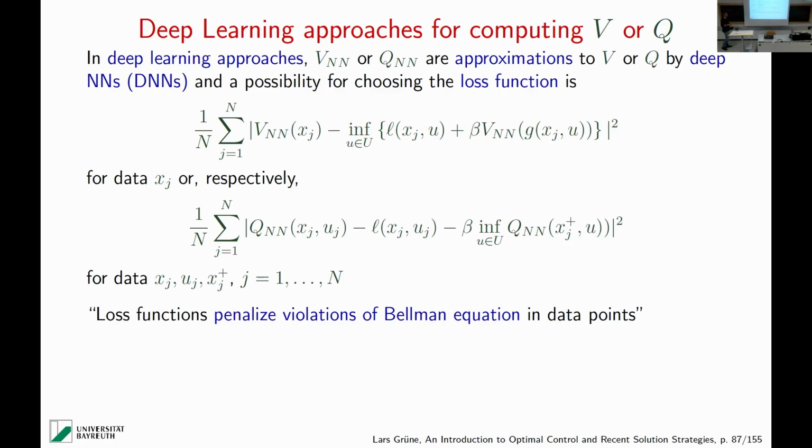So the simplest attempt would be to just use the residual of the Bellman equation as the loss function, the squared residual in the data points. Data points are collected more or less randomly. Here we just need x_j's, and here we need x_j, u_j, and x_j plus, because of the structure of Q-learning.